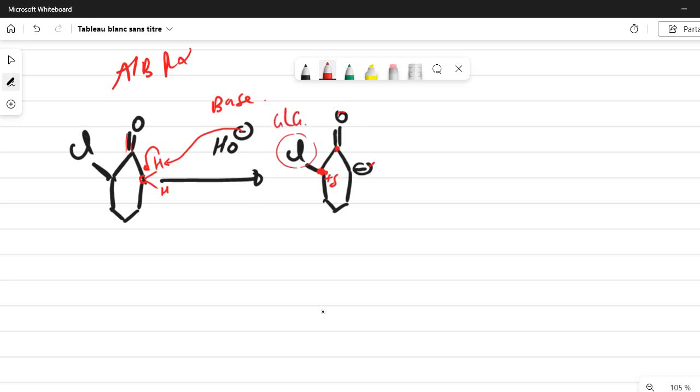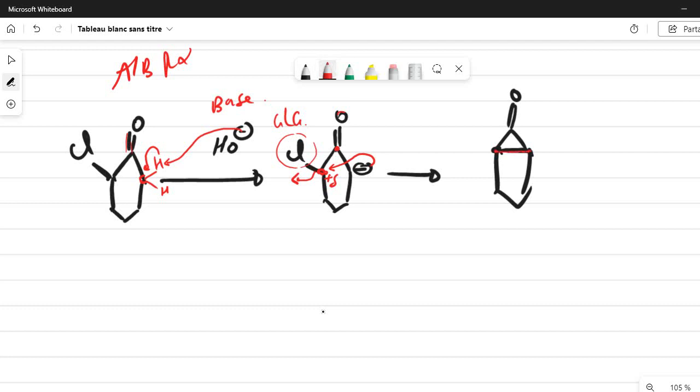So this minus charge is going to attack this carbon, and the chlorine is going to leave. We're going to form this molecule with C=O and a bond from this carbon to the one that was holding the chlorine. So we formed this bond.